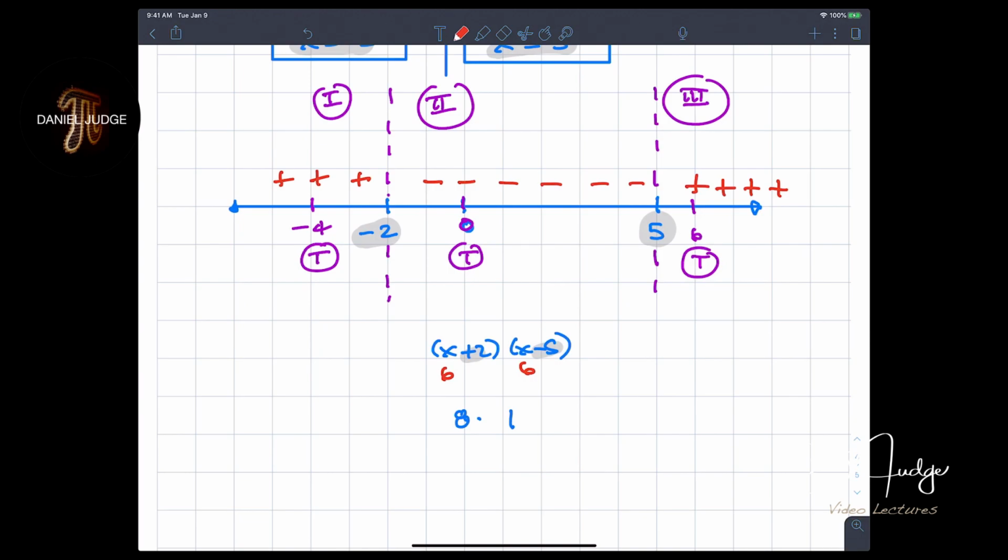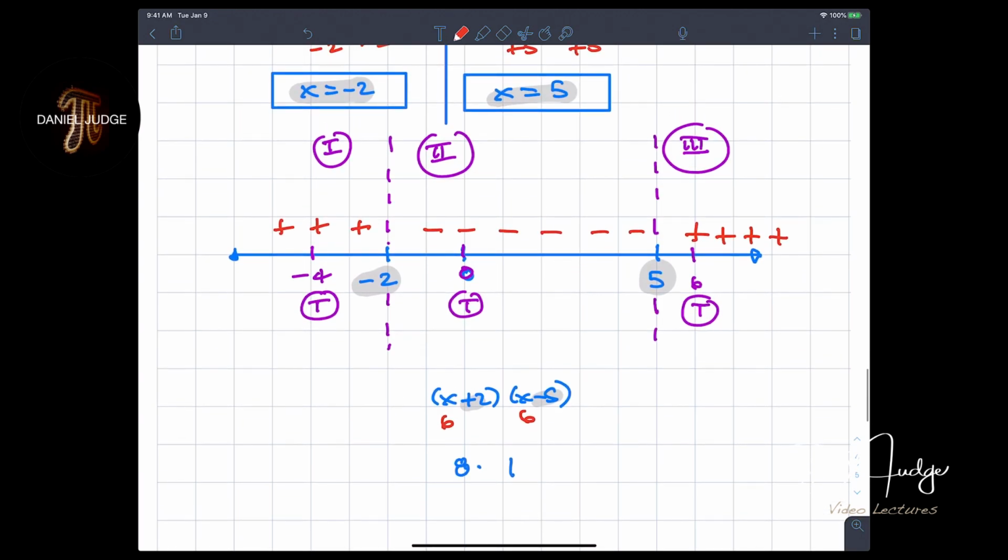Region 3 is positive. So ladies and gentlemen, this is your test point values for each region. We found the sign of each region.